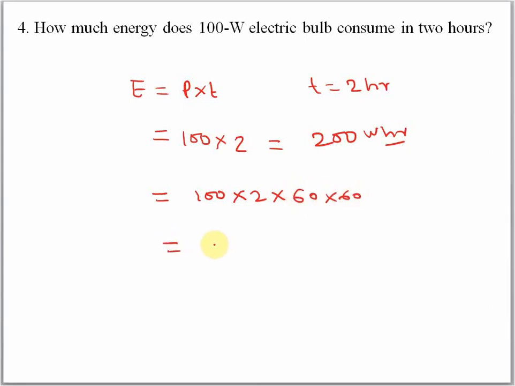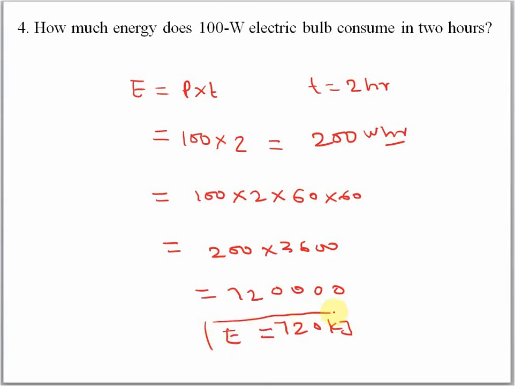After solving this, we get 720000 joule, so we can write it as 720 kilojoule. We have the energy consumed in 2 hours. Thank you.